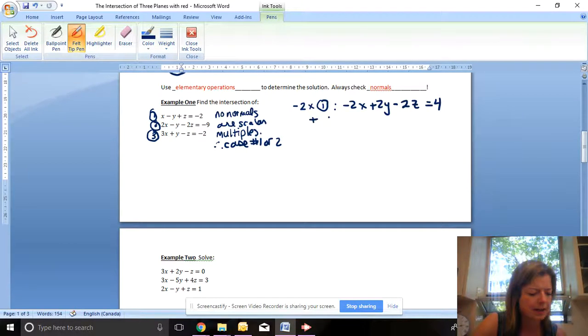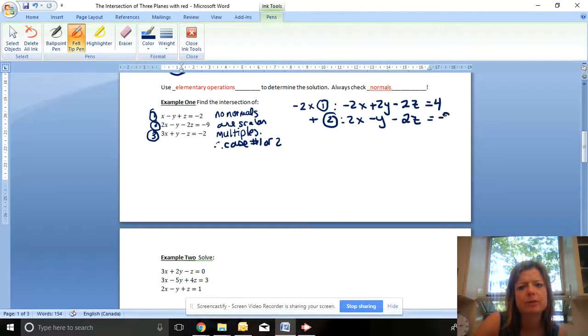And I'm going to add that to equation 2, which is 2x minus y minus 2z equals -9. This leaves me with y minus 4z equals -5. We will call that equation 4.